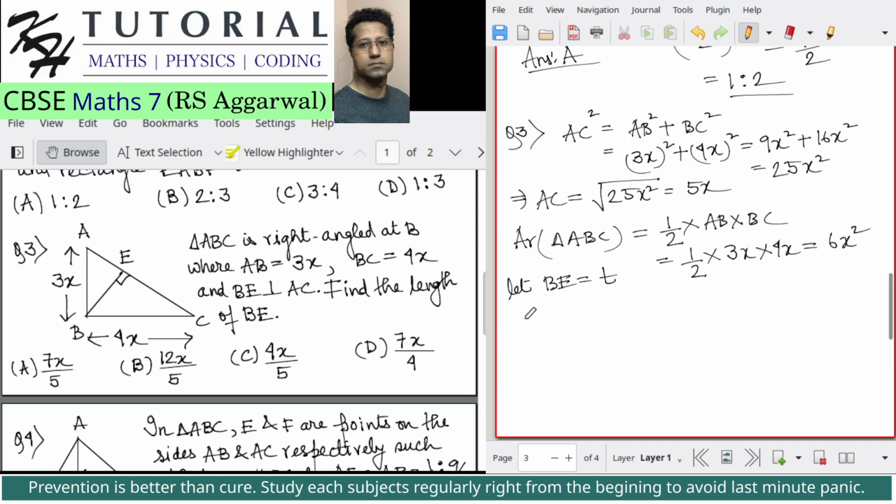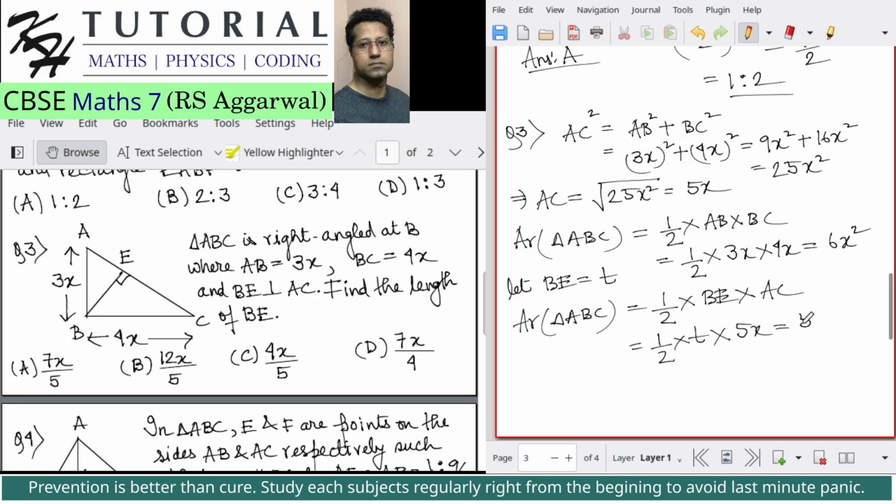Okay. So also we can say the area of triangle ABC, considering the hypotenuse as the base and BE as the height. Since BE is perpendicular to the hypotenuse, we can consider the hypotenuse as the base and BE as the height. This will be equal to half multiplied by BE multiplied by AC. This is equal to half multiplied by T multiplied by AC, which was 5x.